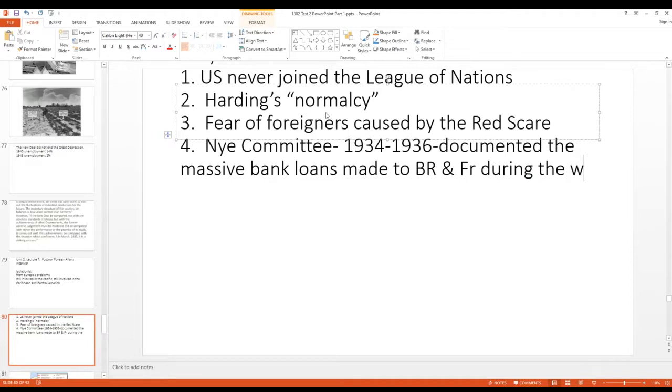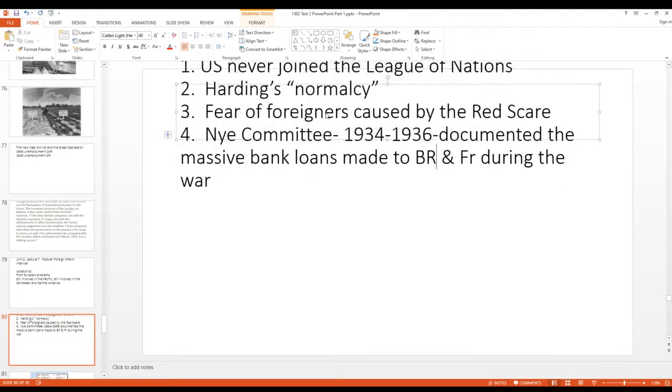And it documented the massive bank loans that had been made to Britain and France during the war. Again, about $2 billion had been loaned to Britain and France, while only loaning roughly 3 million to the Germans.